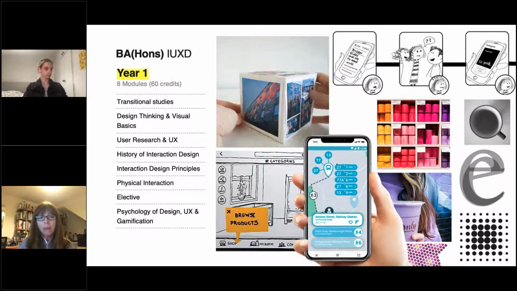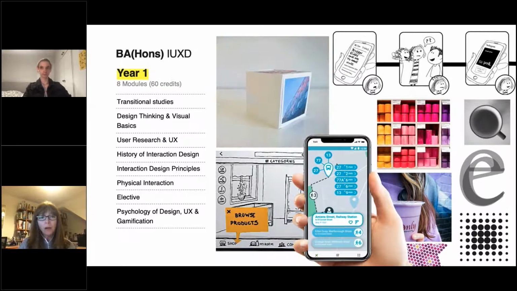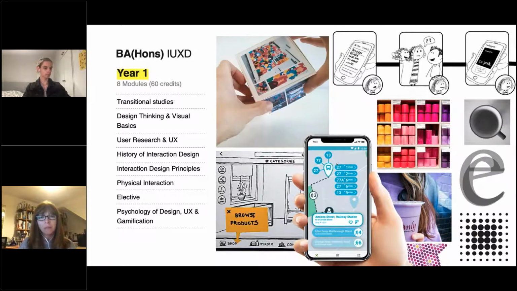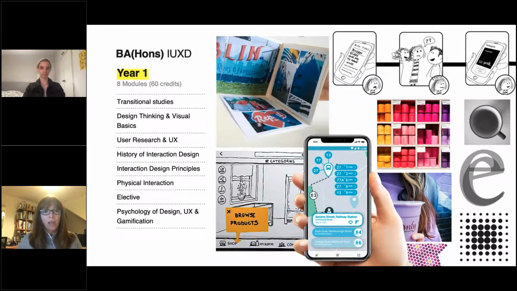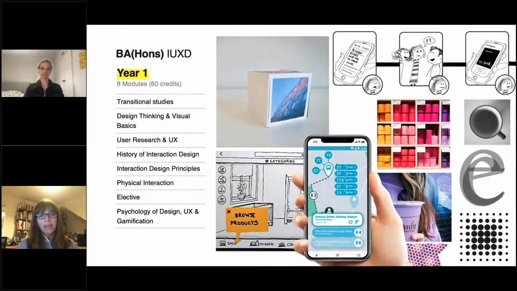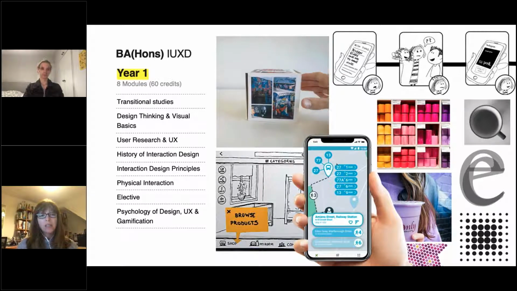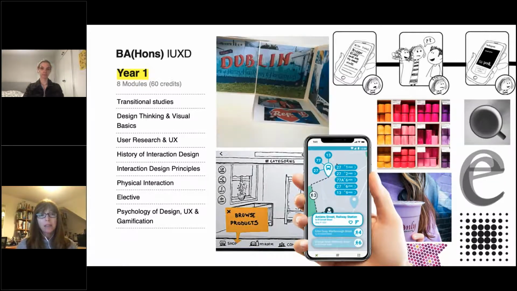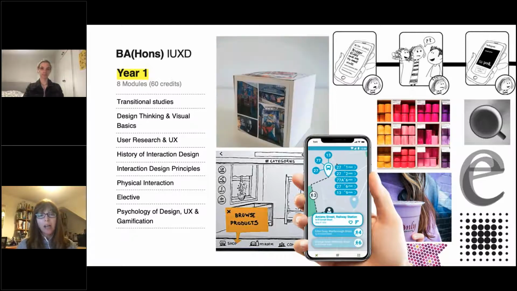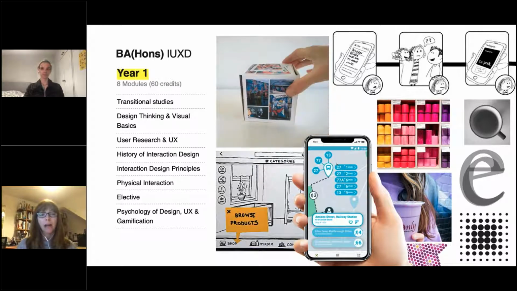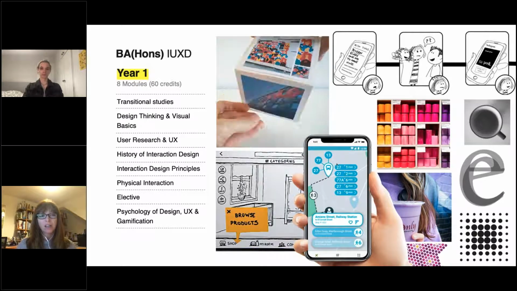And then complementing the program, you will also have a history of interaction design module. So you learn all about contemporary debates and designers and the best work out there. You'll also get an introduction to psychology and to the psychology of design, what makes audiences tick, the psychology of people's understanding, cognitive psychology, and also about gamification and game design and how that can be applied to interaction design in general.